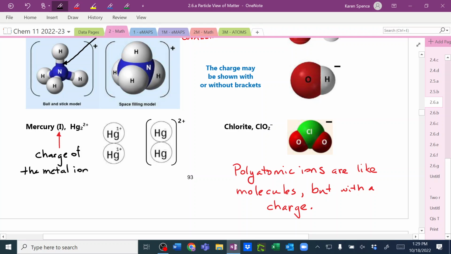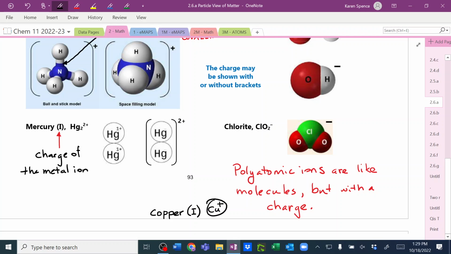Okay, and mercury insists on being weird because normally if I said I had copper 1, it would look like a copper atom, but it would have a +1 charge. Pretty straightforward.